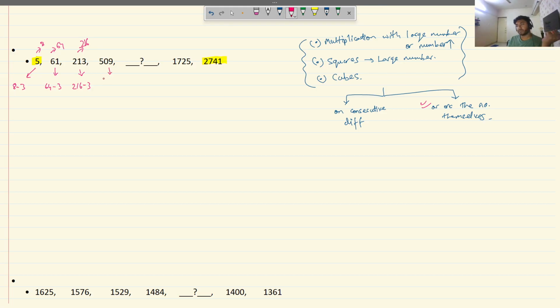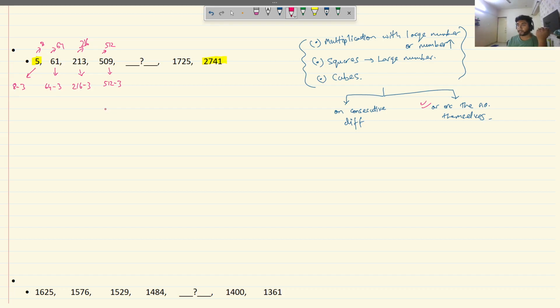The cube closest to 509 is 512, or 8 cube. 8 cube is 512, so 512 minus 3 gives me 509. So my logic seems to be working.